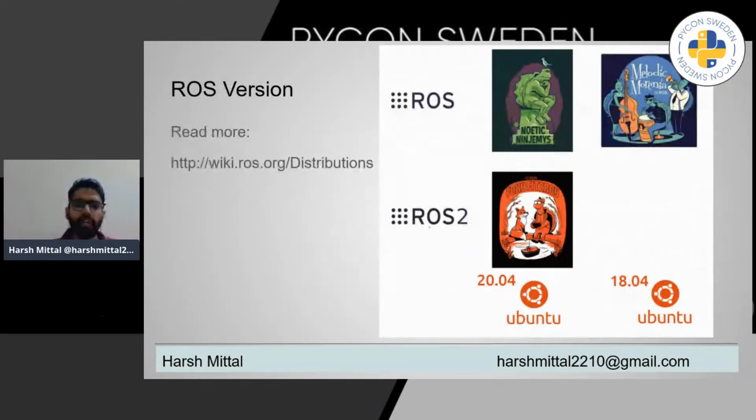To give you a brief idea about the different ROS versions: if you have Ubuntu 18 installed, then you can use ROS Melodic, and if you have Ubuntu 20 installed, then for ROS 1 you can use Noetic, and for ROS 2 you can use Foxy. For this particular demo, I'll be using just ROS 1 and will not be focusing on ROS 2. To read more, you can check out the distribution link on the ROS wiki.